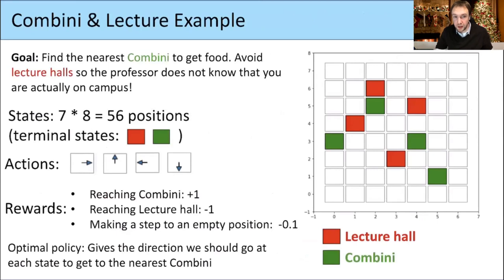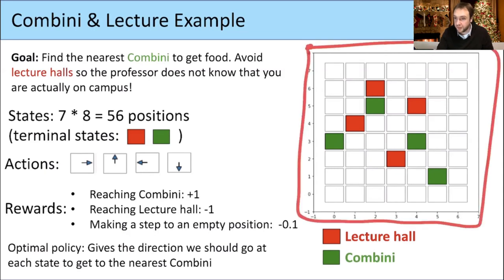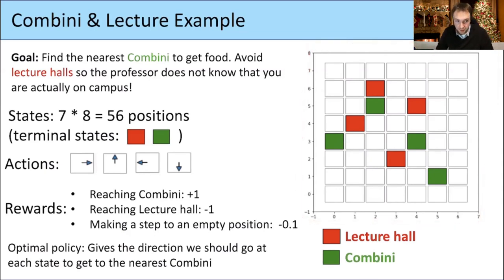Okay, so now let's do an explicit example with numbers and try to understand this function Q. We had this silly example of combini lecture. The setup is that we are on the campus, and there are different positions where we can be.